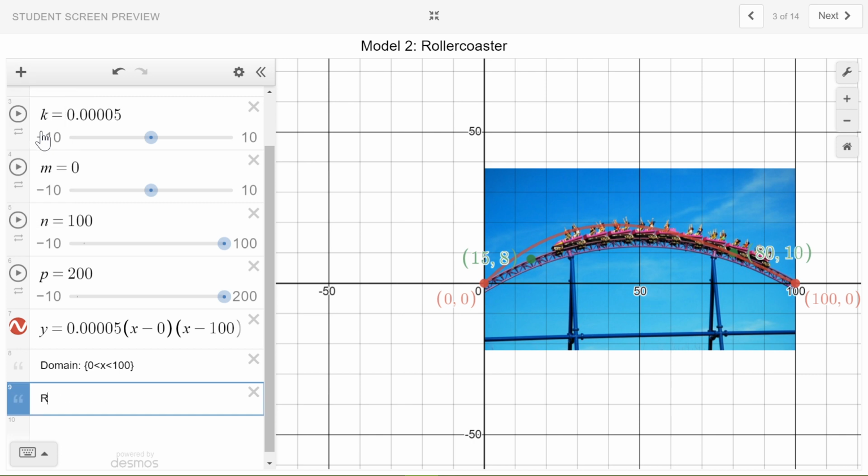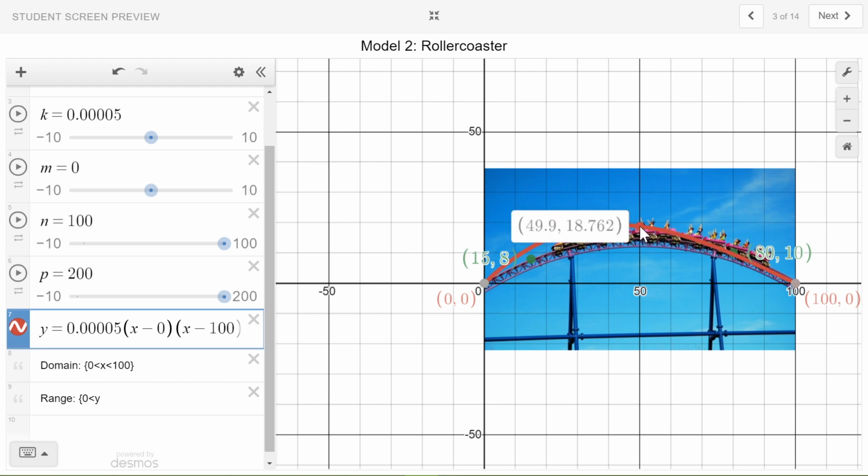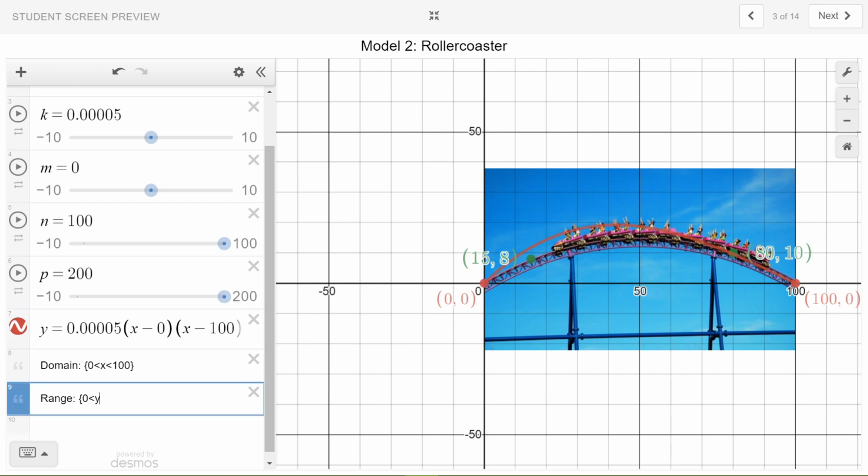My range. Once again, I look 0 less than y, and then I look at the highest point on my model. The highest point on my model is at 19.245. Okay?